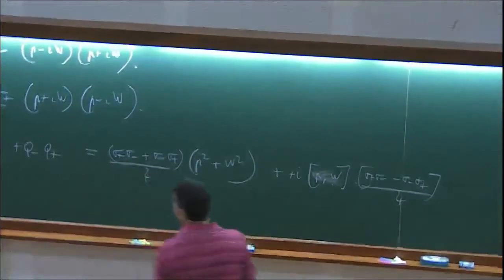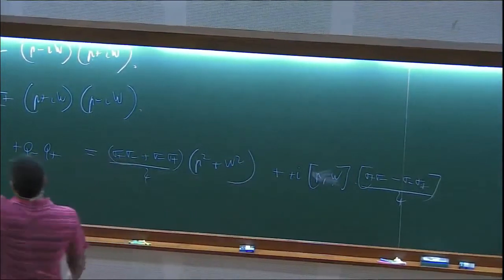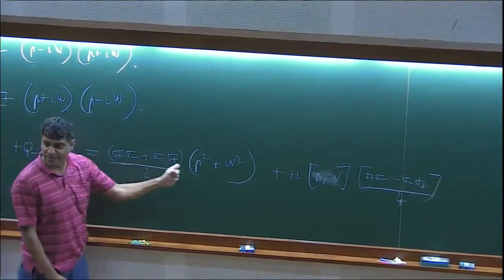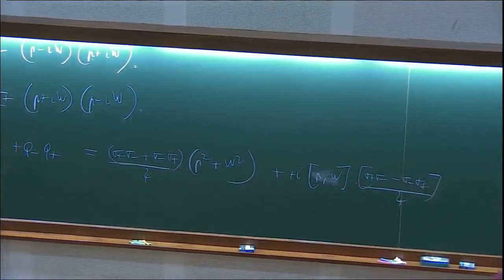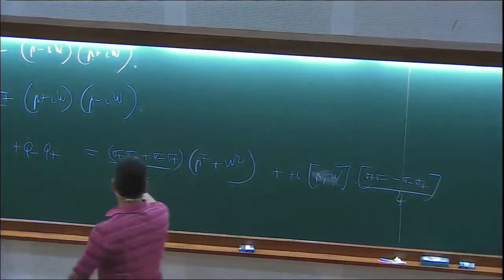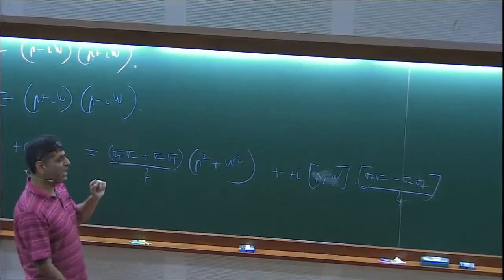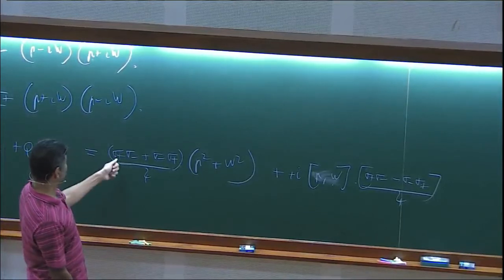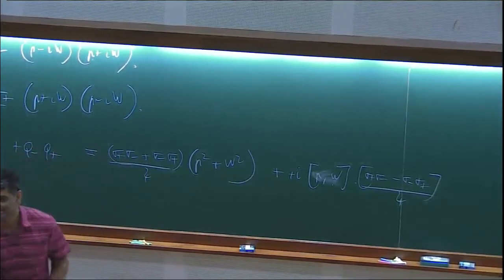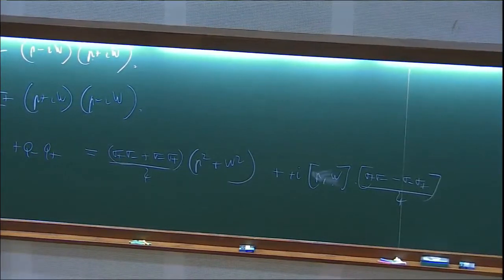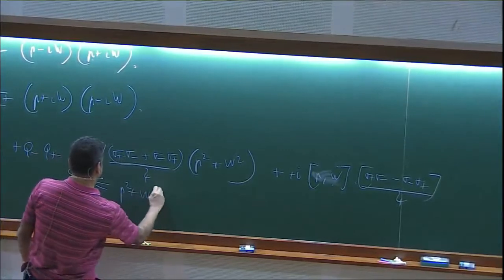Okay, but we know what sigma plus and sigma minus are. So we can just evaluate the anti-commutator of sigma plus and sigma minus, and the commutator of sigma plus and sigma minus. The anti-commutator of sigma plus and sigma minus is basically 4 times identity. So this gives us P squared plus W squared.